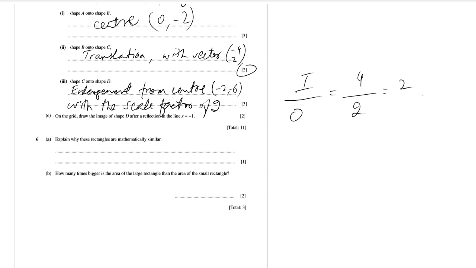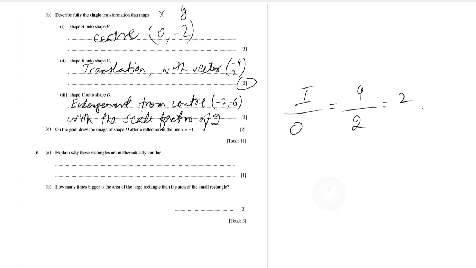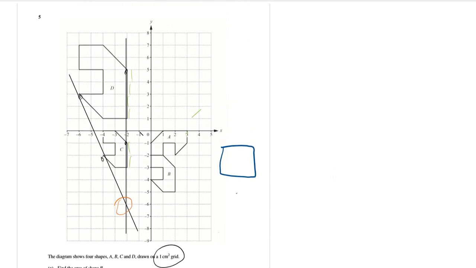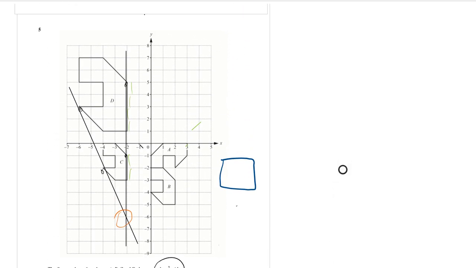On the grid, draw the image of shape D after reflection in the line x is equal to minus 1. Okay, x is equal to minus 1.